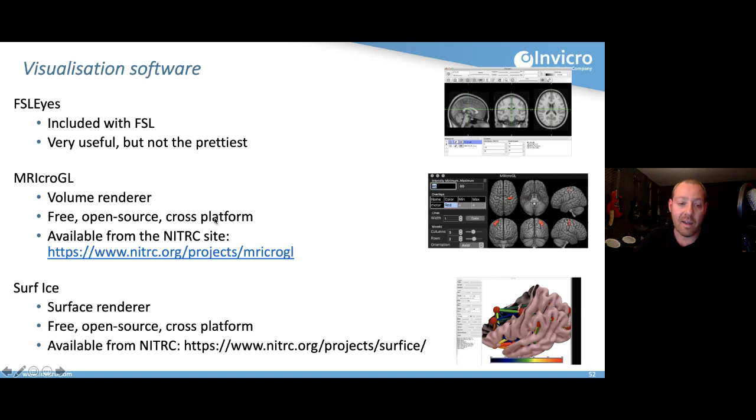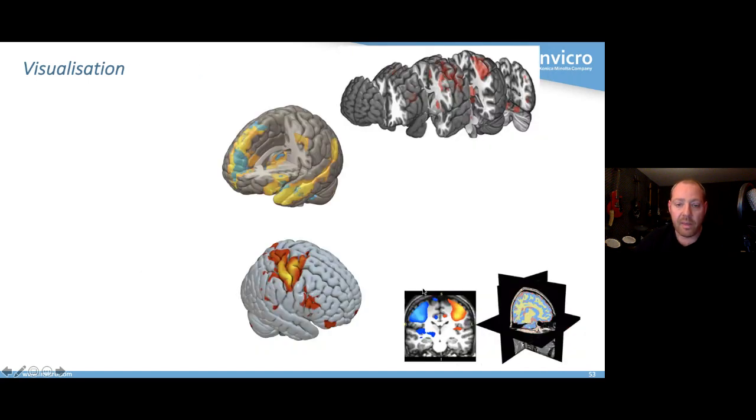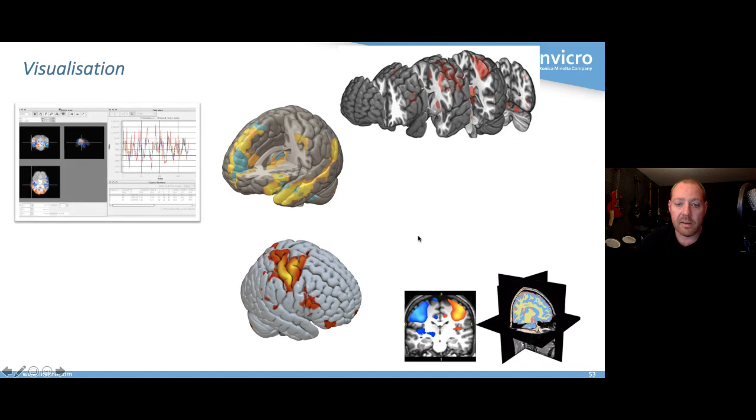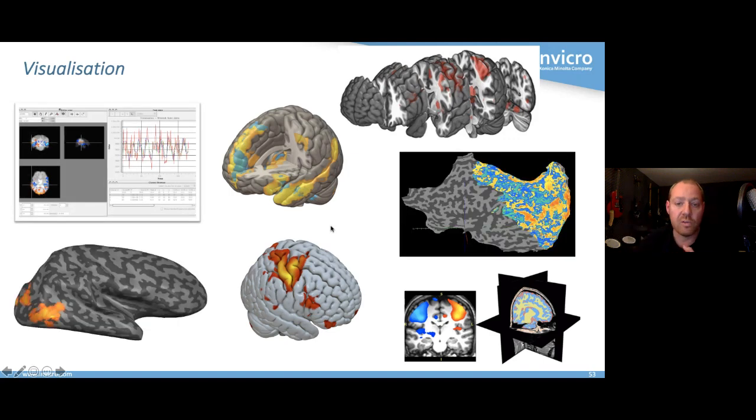The ones that I tend to like the most these days are MRIcroGL and Surfice, both made by a guy called Chris Rorden, who's a really fantastic programmer of these kinds of things. They're both free. You can get them from the NITRC website, links there, and then you come up with some pretty images which best show your activation clusters, and there's all kinds of different ways you can represent your data.